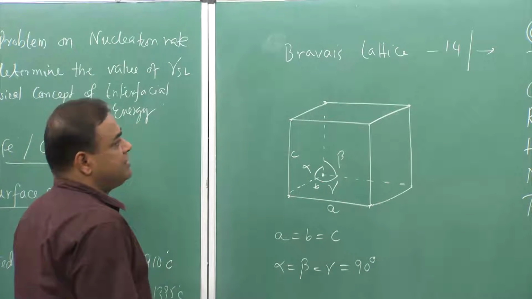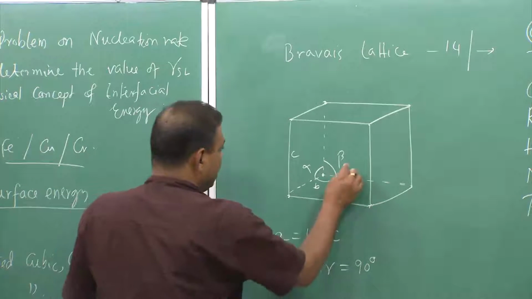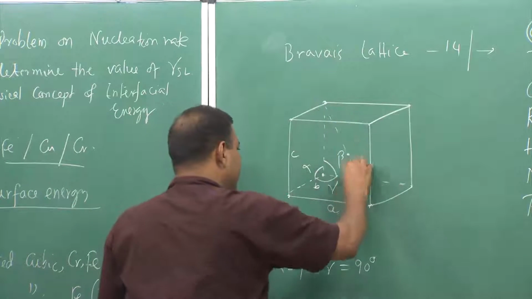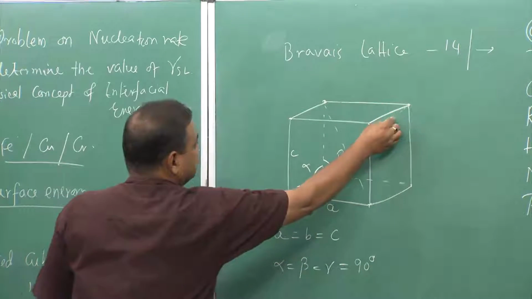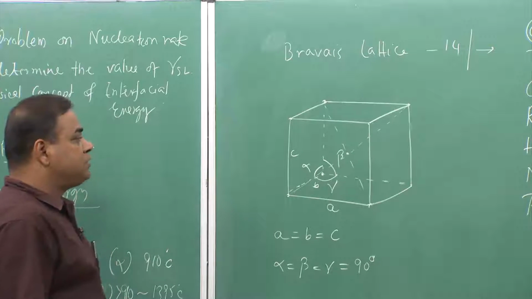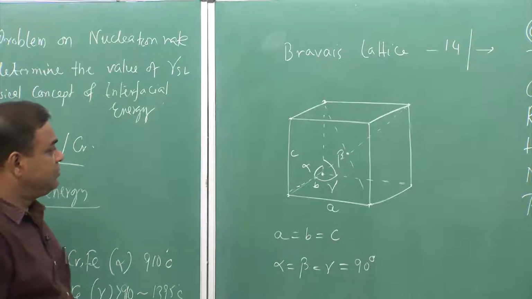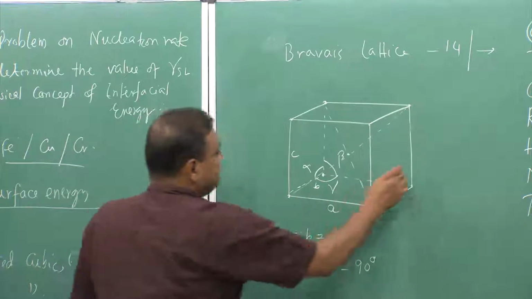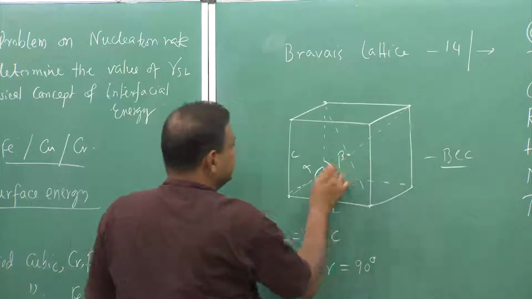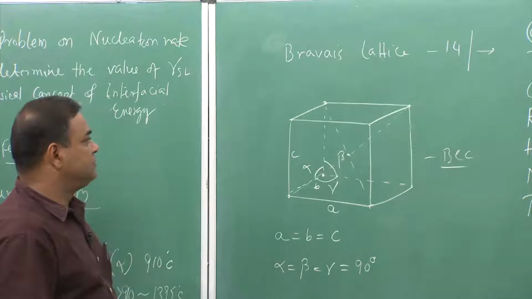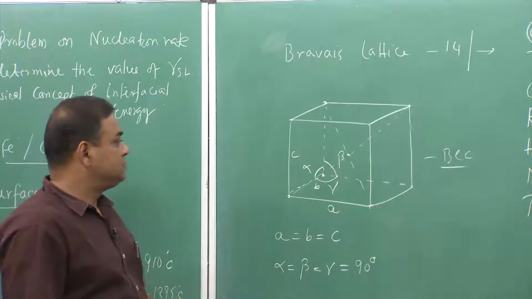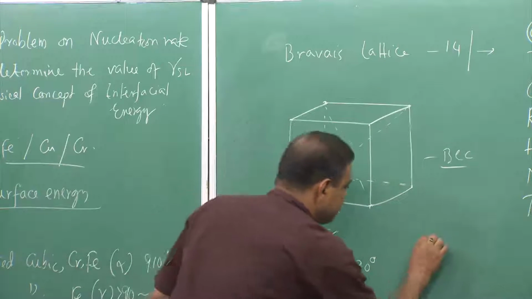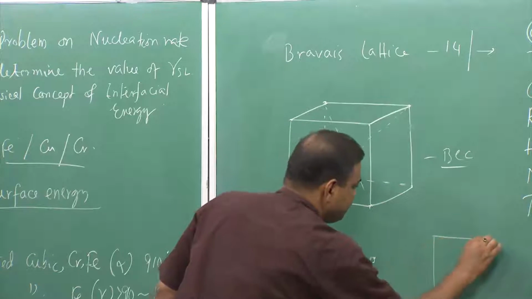Similarly, if it is body centered cubic, the only difference is that at the center of this cube we have another point, which forms BCC. Then in case of FCC, the center point is not there, so I am drawing the FCC separately.